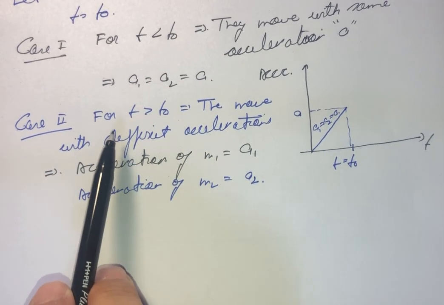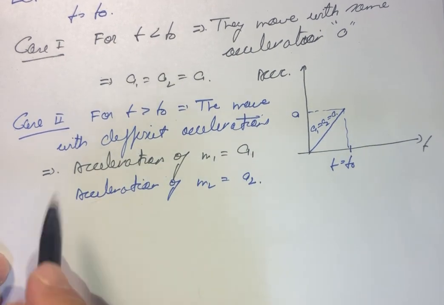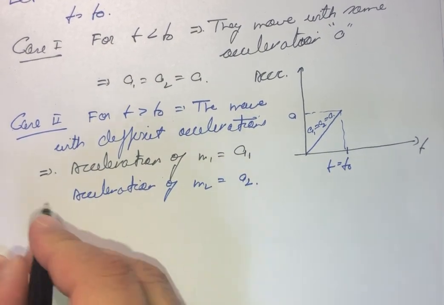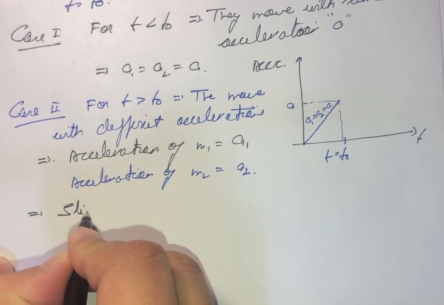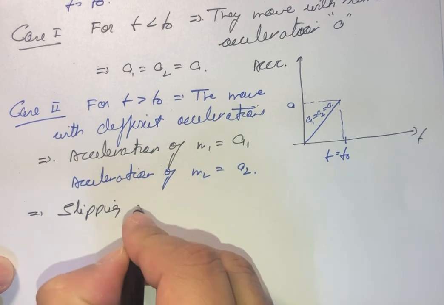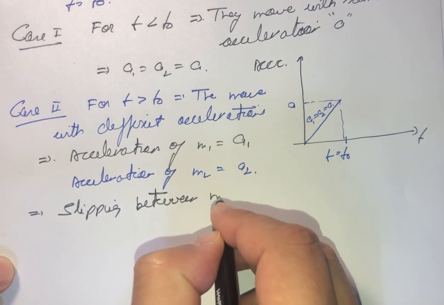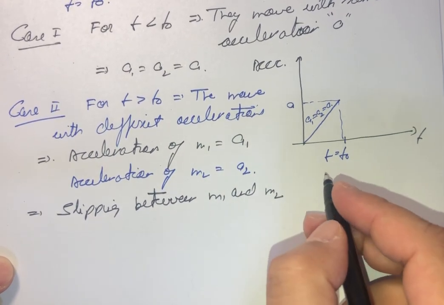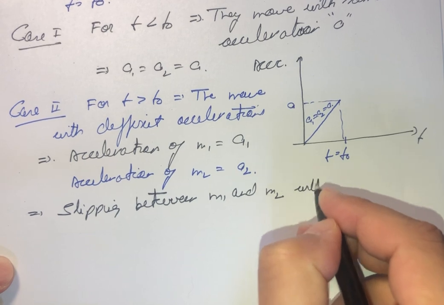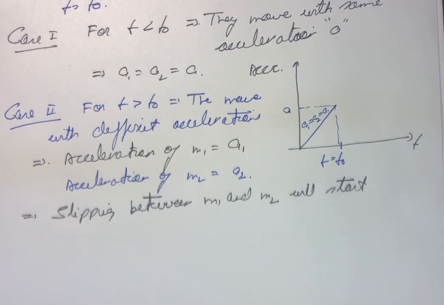And moreover, if they are moving with different accelerations, it means slipping between m1 and m2 will start. So the slipping will start.